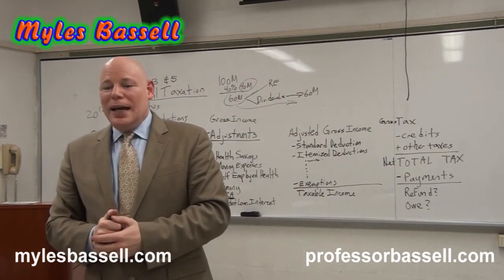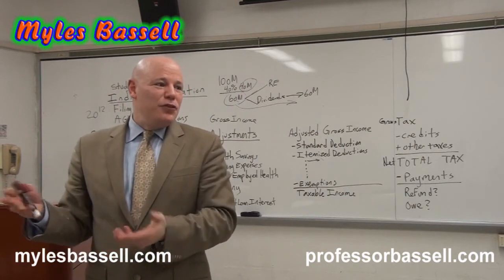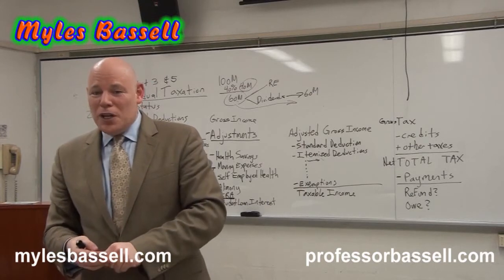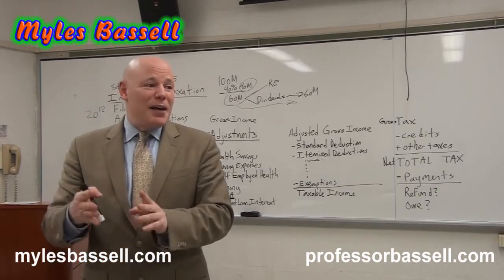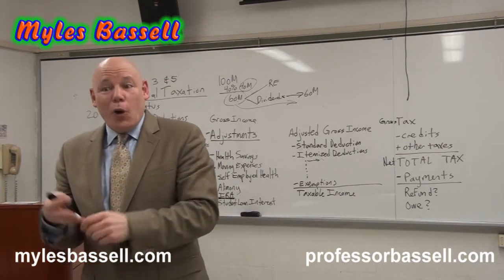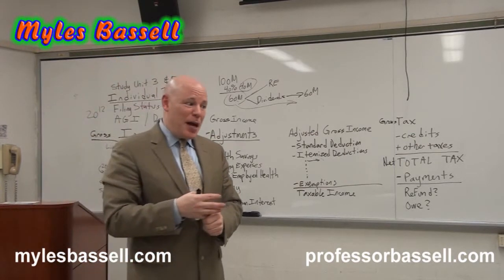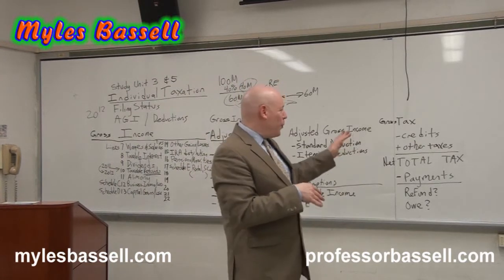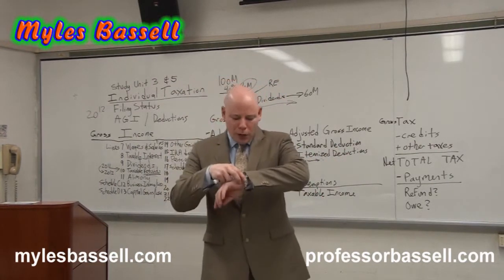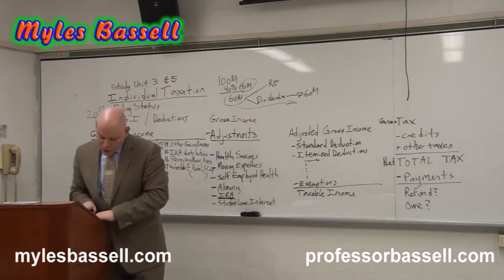Well, how would Corinne be able to take that as a deduction if she didn't have an obligation to pay? You see, you have to have both an obligation to pay and you paid. Both criteria have got to be met. And we're going to talk about a couple more items in the remaining three hours.